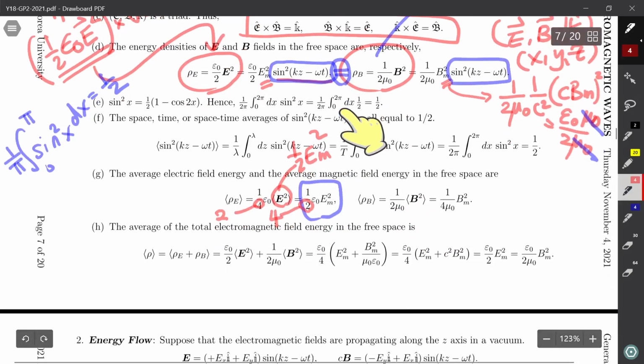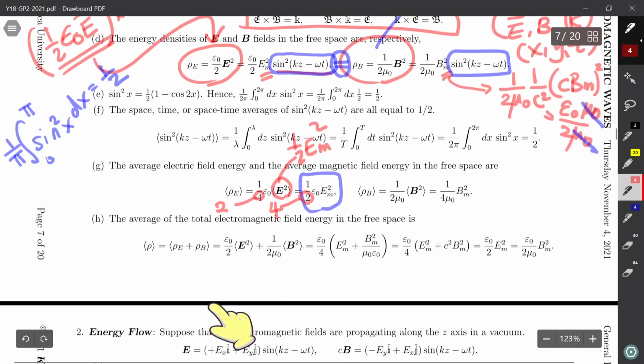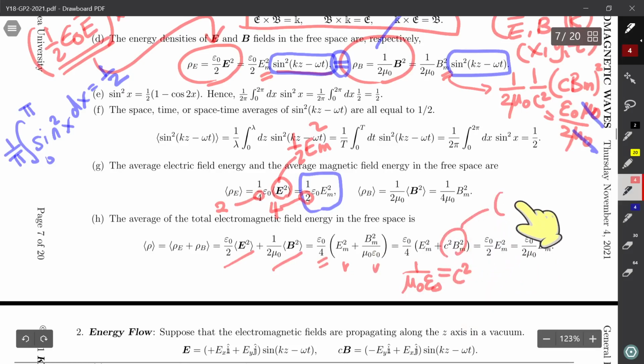In a similar manner, the sum of these electromagnetic field energies is 1/4, and we notice that this is 1 over mu 0, c squared, and c B_m squared is E_m squared.